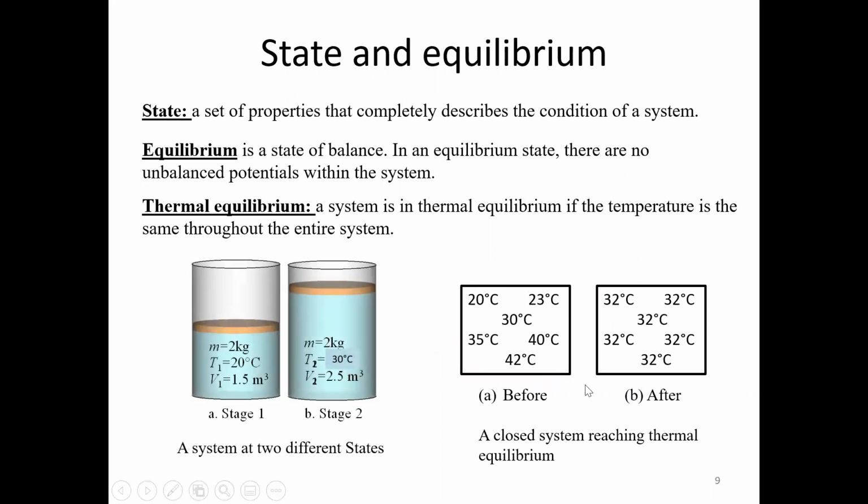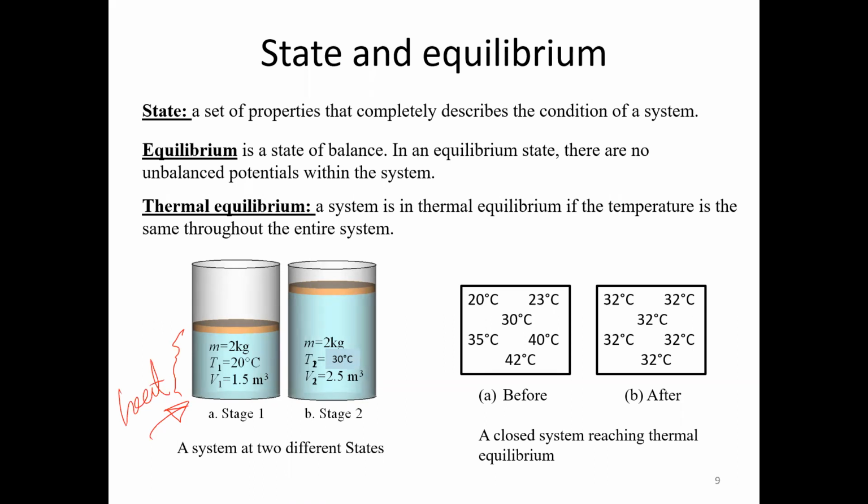And this is another example with a system at two states. The system here has the same amount of liquid, 2 kilograms of liquid or gas. Then after we provide heat to the tank, the temperature of the liquid starts to increase.